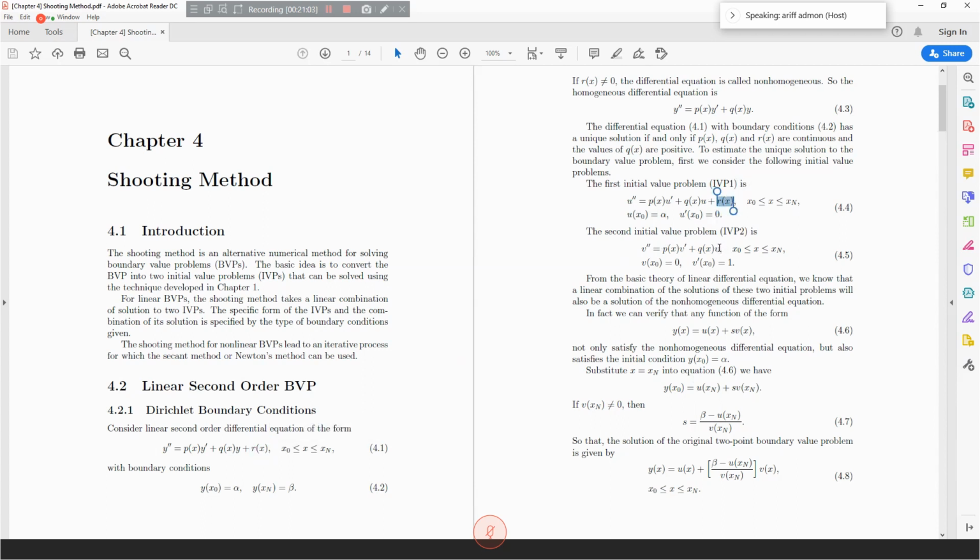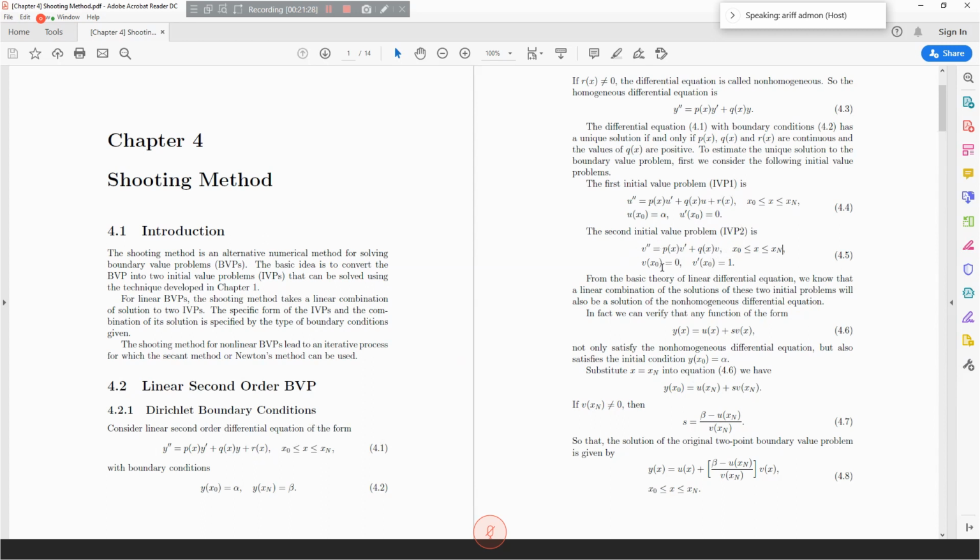But for IVP2, there is no term of 2x. How about p? This is the same, just p(x). Remember, IVP1 has r(x), IVP2 does not have any r(x) for your second order equation.